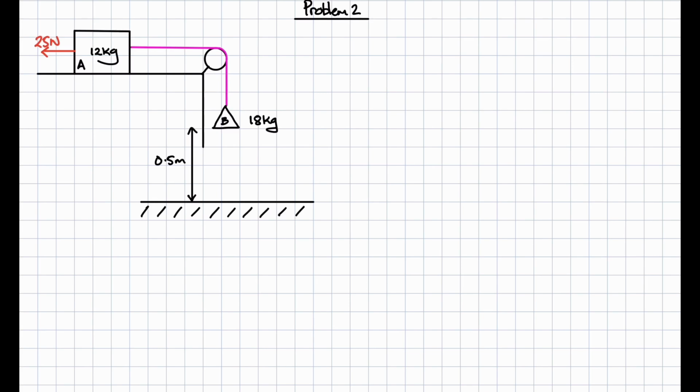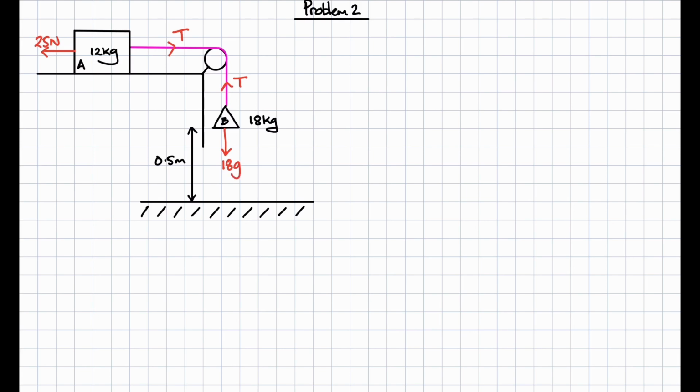We can also now include all the other forces acting on the diagram. We've got tension in the string, and the weight on particle B acting downwards of 18g newtons.